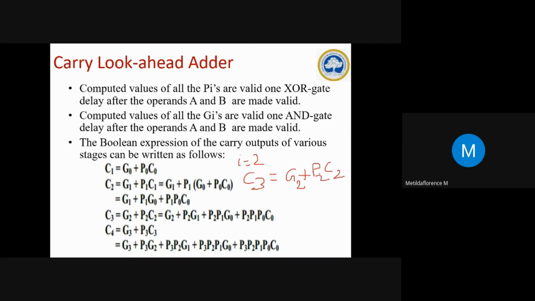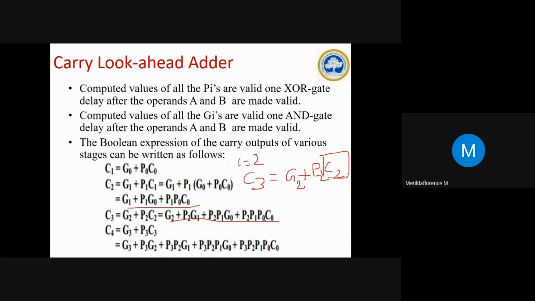In this expression again, what value do I know? I know about C2, right? Just now we calculated C2. So in this place, I will apply this expression. If I apply that, I will get this one. Inside you need to multiply, then I get G2, P2 like this.